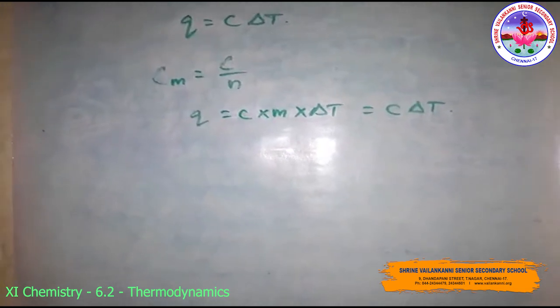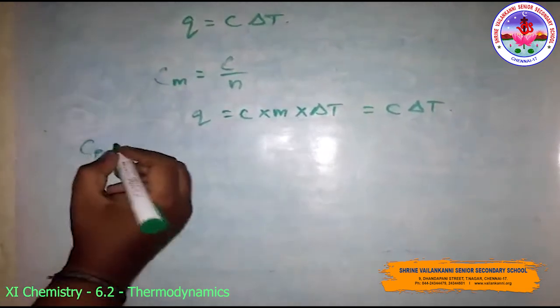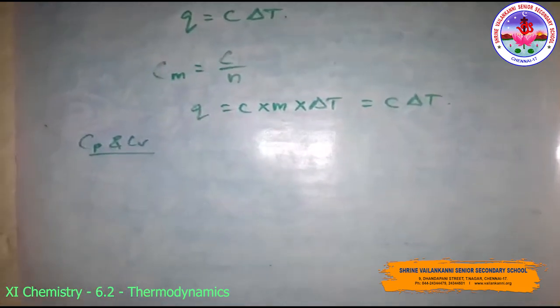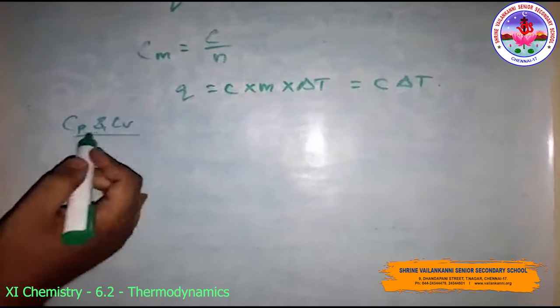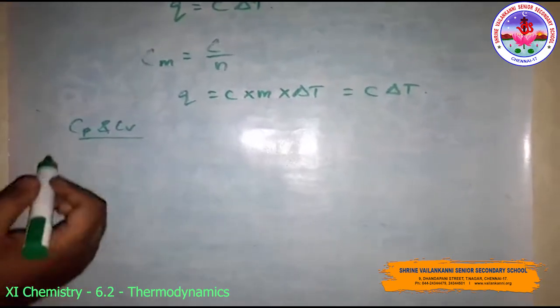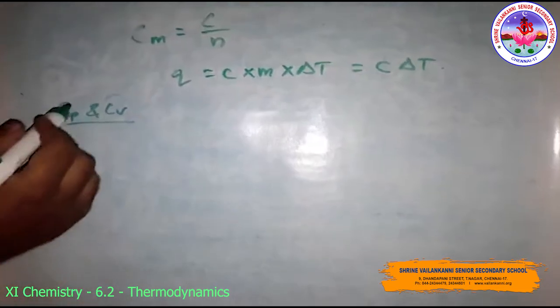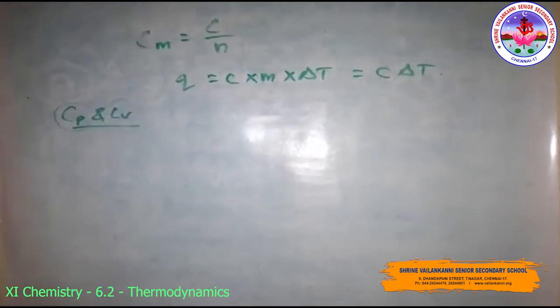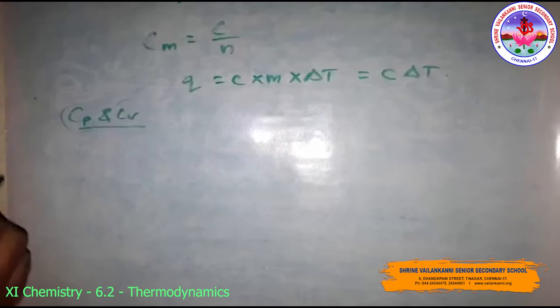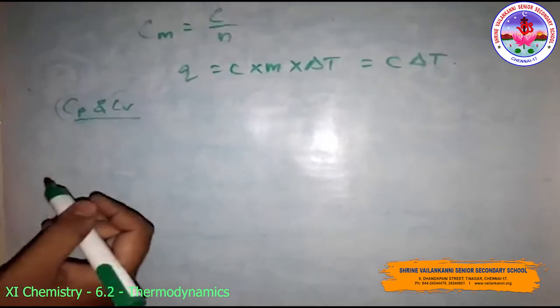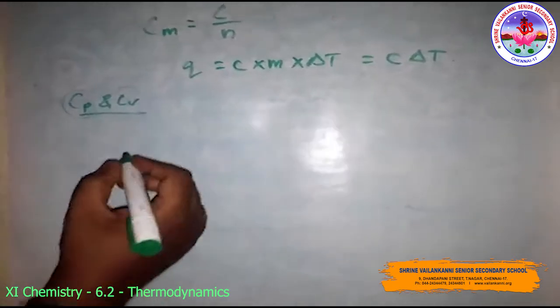Then the relationship between Cp and Cv. At constant volume the heat capacity is denoted by Cv, and at constant pressure it is Cp. Now let us find out the relationship between the two. We can rewrite the equation for heat, what is it?